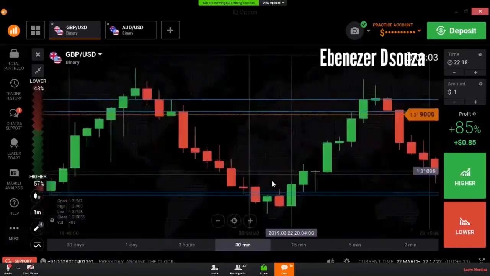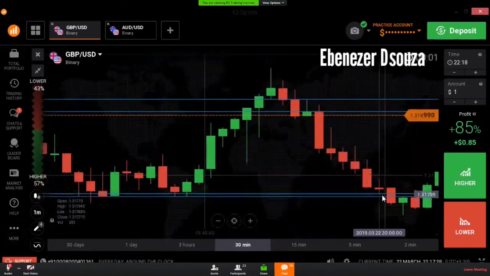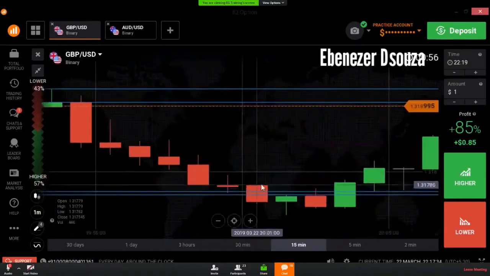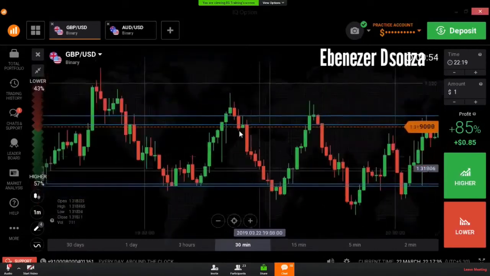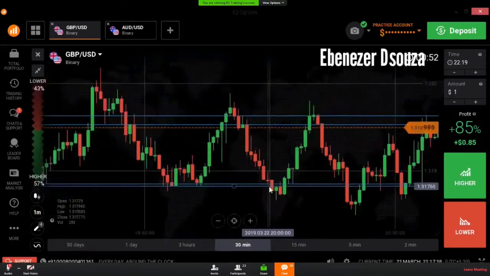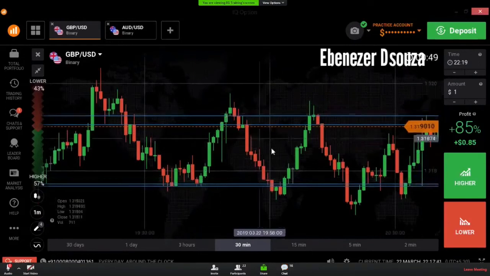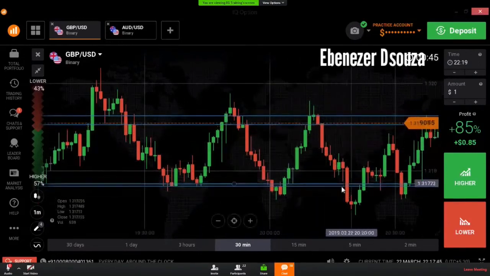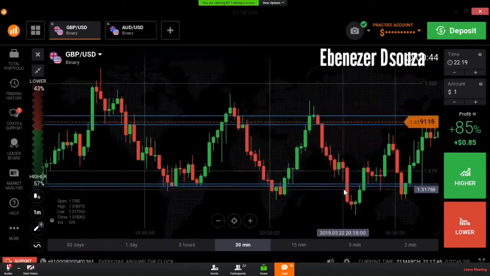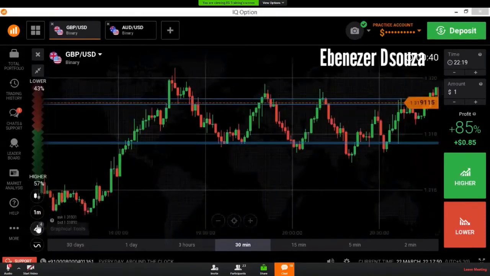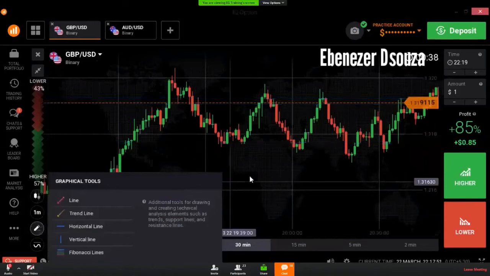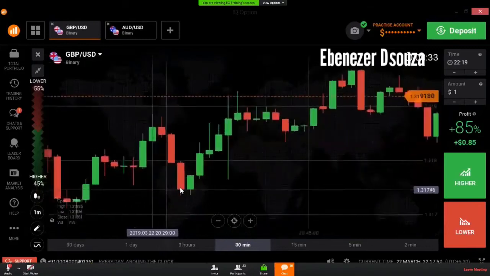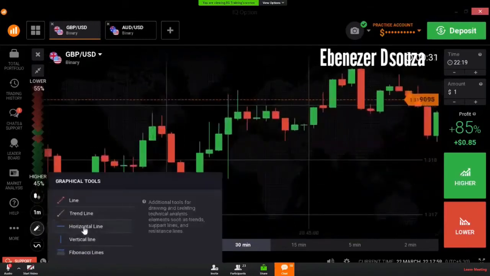So always, if the candle closed just above the level, you can place your trade on the next candle. You are seeing a strong selling pressure. If you see any strong buying pressure or any strong selling pressure, there is a chance to break the level. And I will explain about fake breakouts in the market.